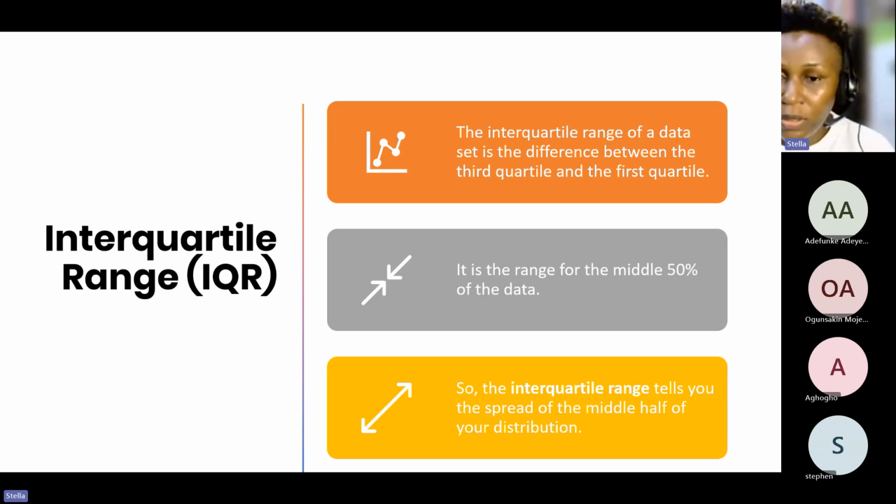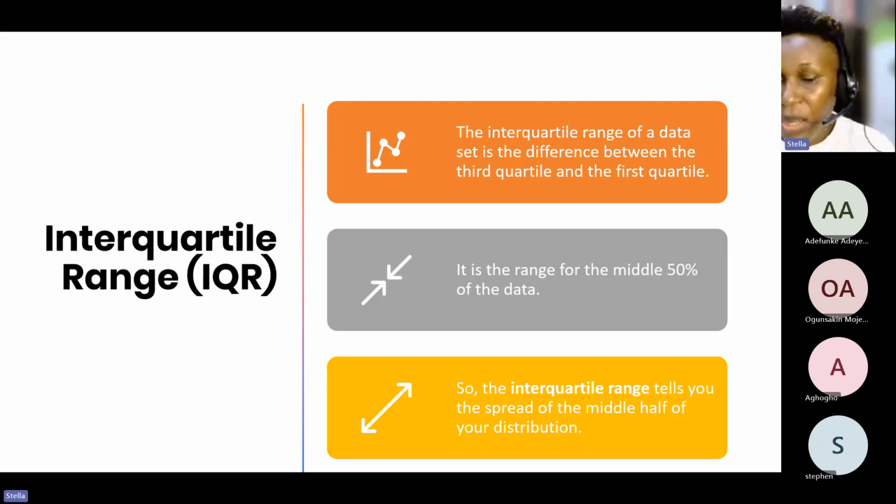So the measures within the middle, looking at, let's say, the second quartile and the third quartile, right, is our interquartile range. Okay, so it is the range for the middle, or the mid 50% of the data.